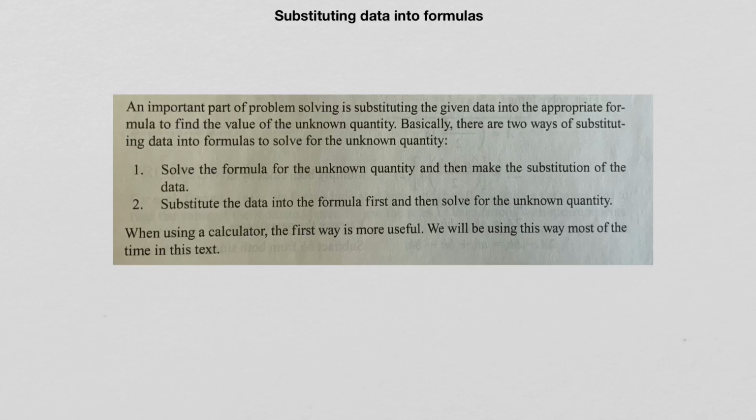And so my personal advice is that it works much better if you learn to identify the formula that you need for the solution of the problem, then solve for the unknown quantity by moving the different quantities in the formula around. And then after you have that down, substitute the data provided in the problem statement and then find the unknown quantity.